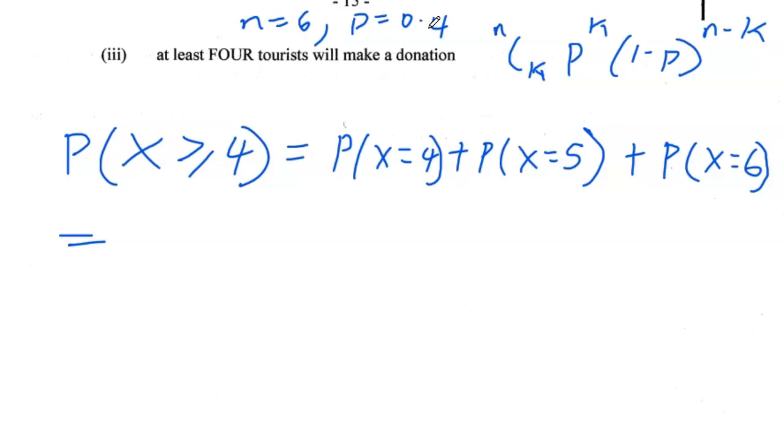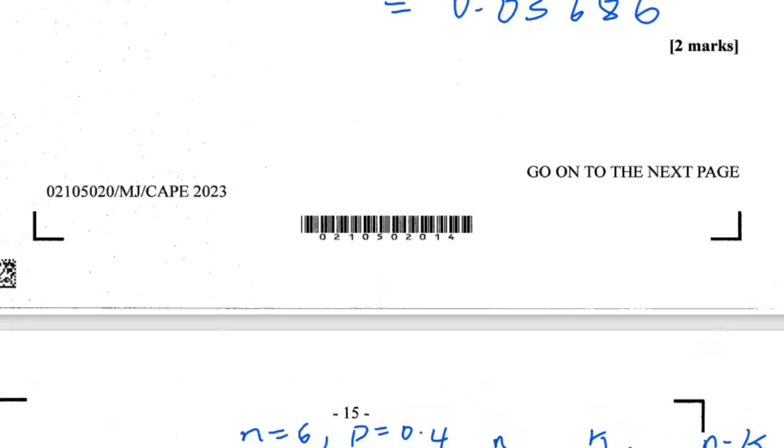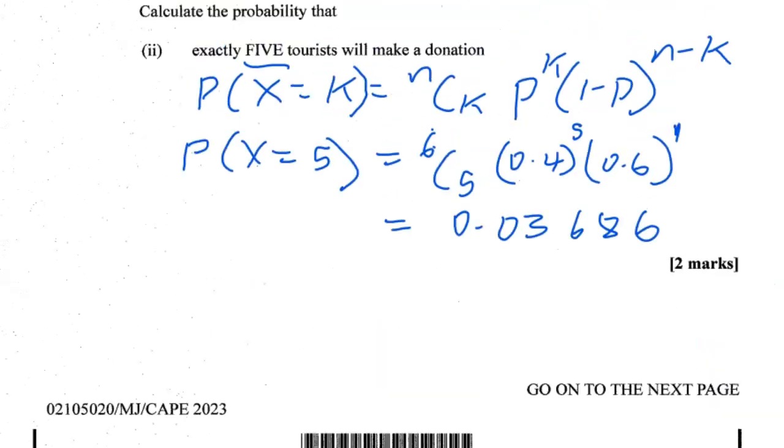So in doing this calculation, the probability X equal to 4, again using the formula, is 6 choose 4, p which is 0.4 to the power of k, and k is 4, times 1 minus 0.4, that's 0.6, to the power of n minus k, which is 2. Plus X equal to 5. We already calculated X equal to 5, which was 0.03686.